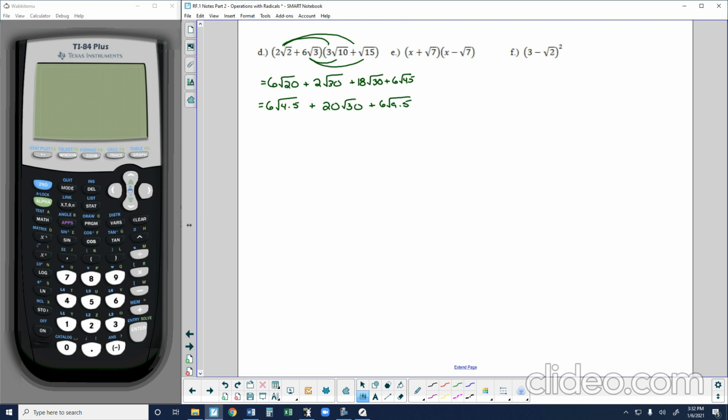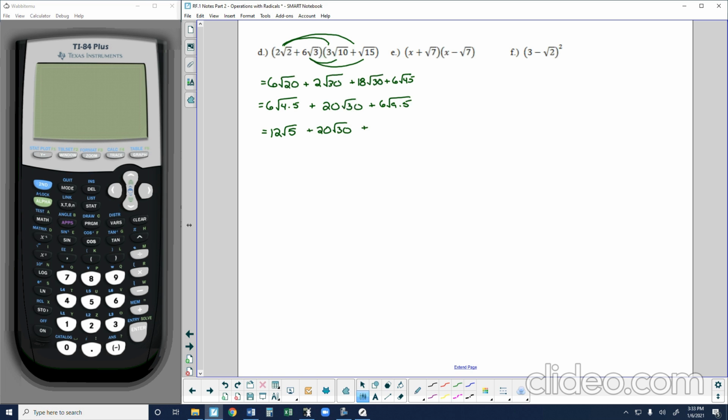Now I do want to simplify a little bit further if I can here. Square root of 4 is 2, so 2 times 6 is 12. I have 12 root 5 to start with. 20 root 30. Root 30's factors are 1 and 30, 2 and 15, 5 and 6, and 3 and 10. None of those can be square rooted. So root 30 is as simplified of an expression as that can get.